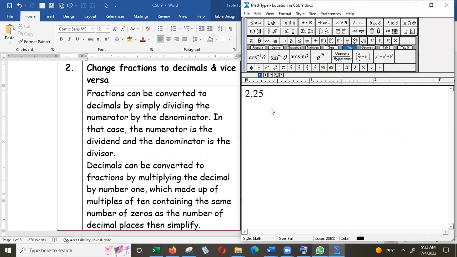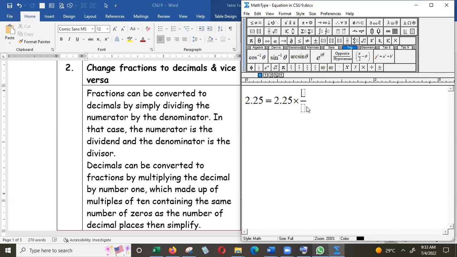So here we have 2.25, which is a decimal. And we want to convert 2.25 back to a fraction. So as the instructions say, we have to take 2.25. Let's do that. And multiply 2.25 by 1.